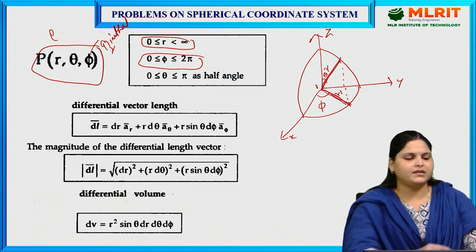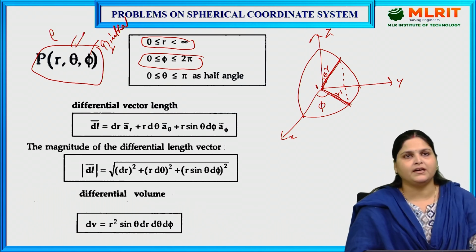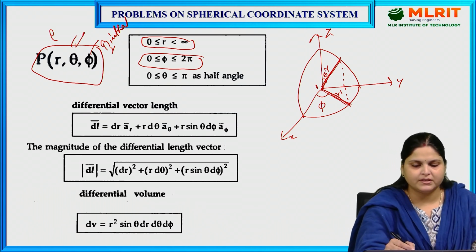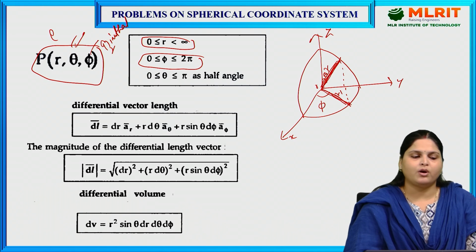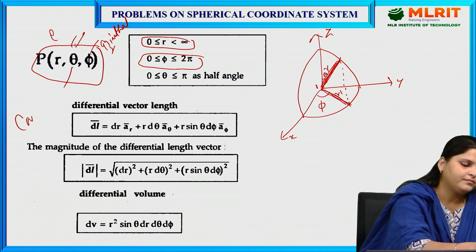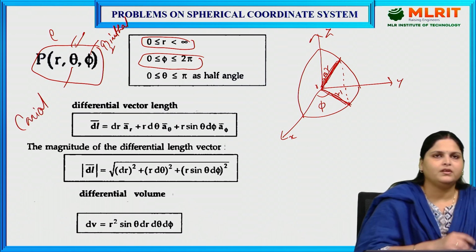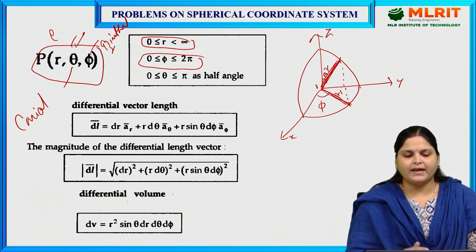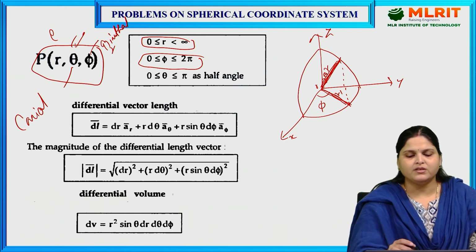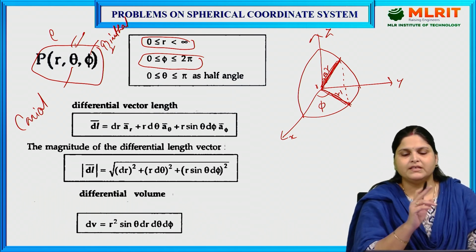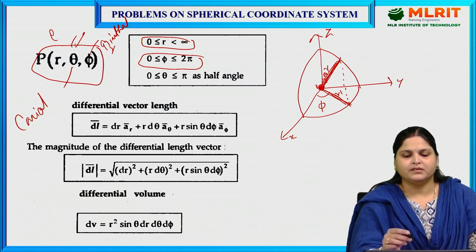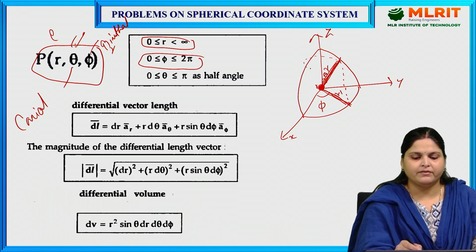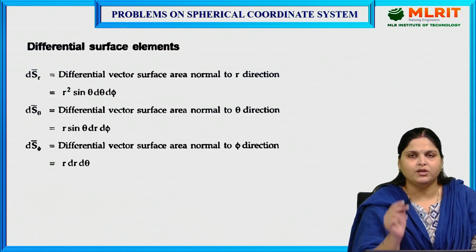Now this is the second angle, theta, which is marked here. This angle is called the conical angle. Why do we call it the conical angle? If we keep this angle constant and revolve around the z-axis, it will make a structure like a cone.